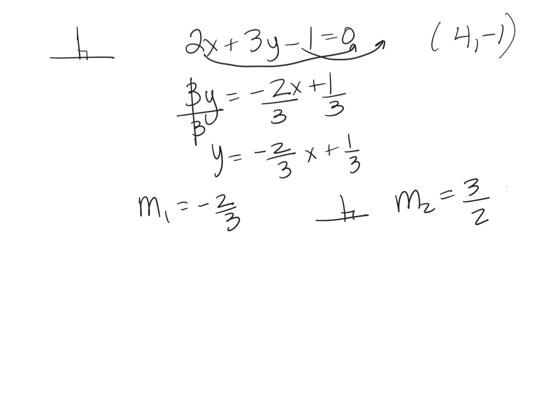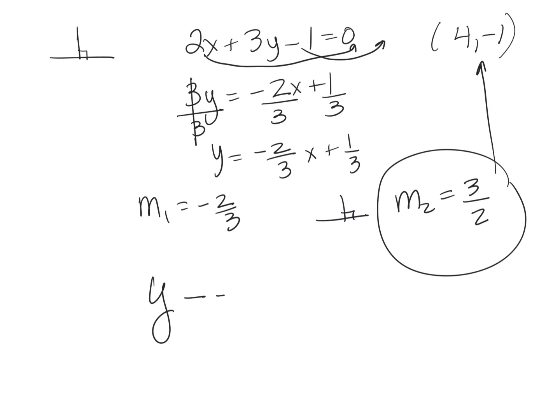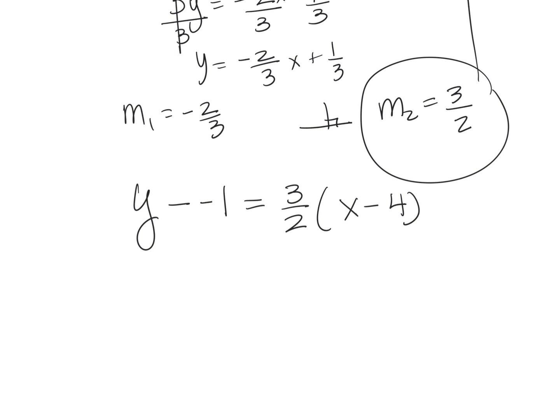Now I use this new slope with this point and I say y minus my y point equals slope times x minus my x point. And I'll multiply this through. Y plus 1 equals 3/2 x minus 12/2.